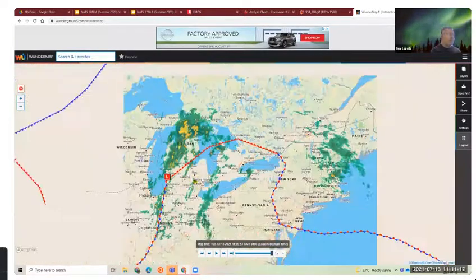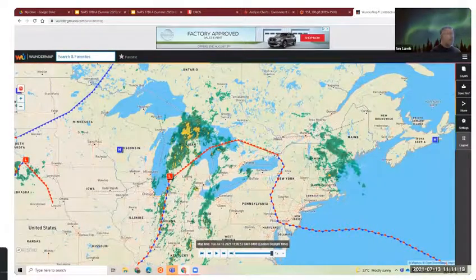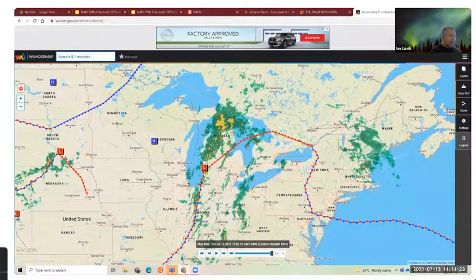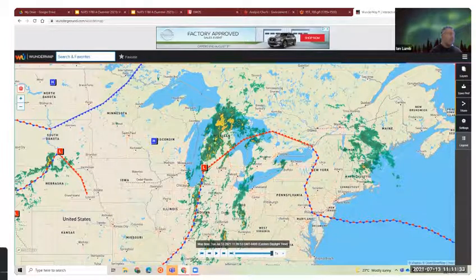One of the toughest things about working with real data is the real world is a whole lot more complicated. So here's a kind of peculiar warm front, where the warm front precipitation is up over this peninsula at the top of the state of Michigan.